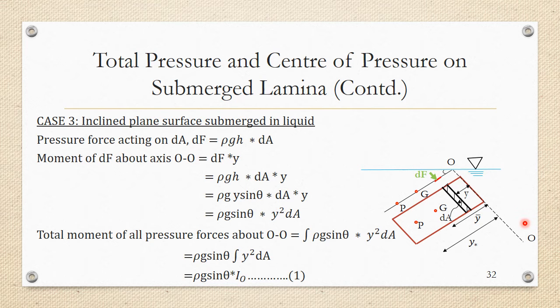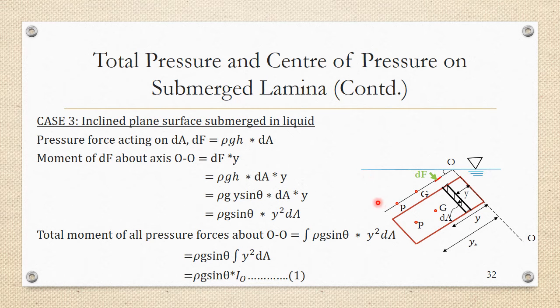Now you know where I'm going with this. I'm going to use Varignon's theorem. I'm going to equate this total moment of all the small forces about the OO axis to the moment of the one and only big force F about the OO axis, because according to Varignon's theorem, the moment of the net force about an axis is equal to the sum of the moments of the components about the same axis.